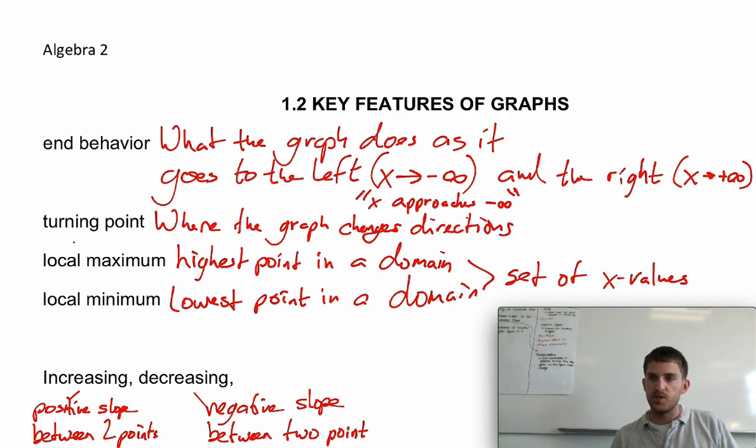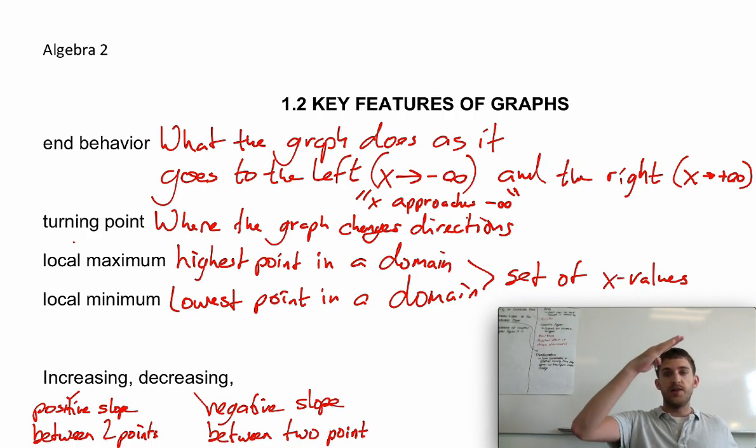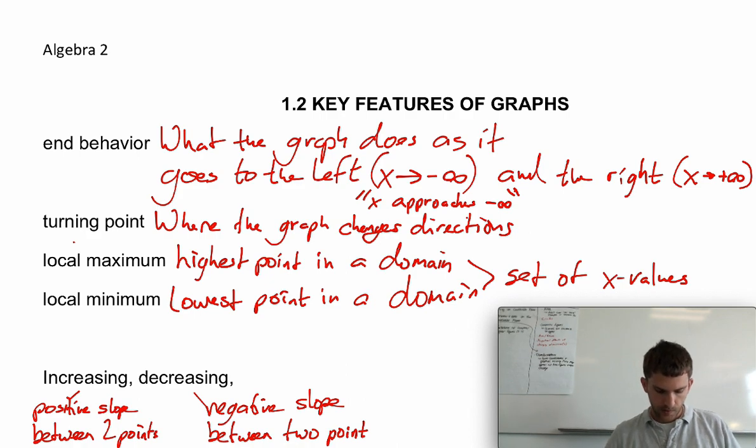So increasing, we're talking about where it's got a positive slope. And remember, we're talking about slope as it goes from the left, this is your left when you're looking at me, from the left to the right. So that's got a positive slope, but if it was going the other way, that would have a negative slope.